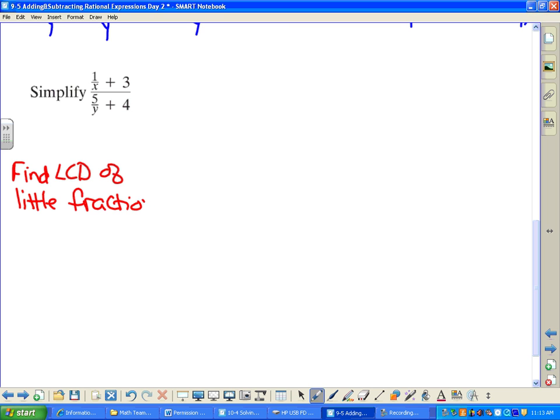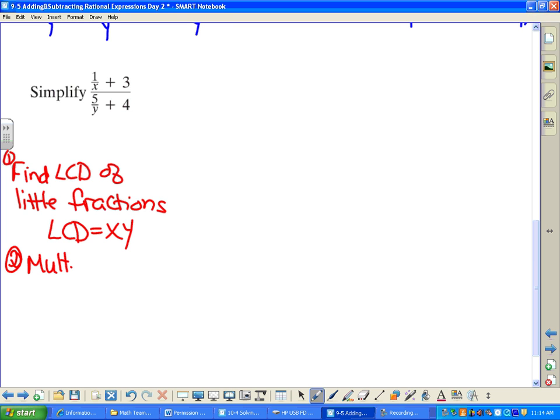Well, what's the LCD of all the little fractions? It's just xy, isn't it? Because there are just two little fractions. So the LCD in this one is x times y. Does everybody see that? Okay.